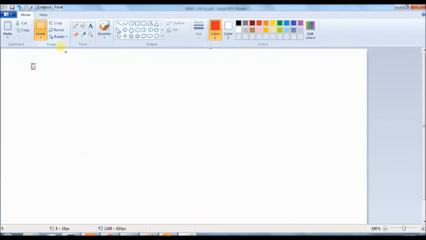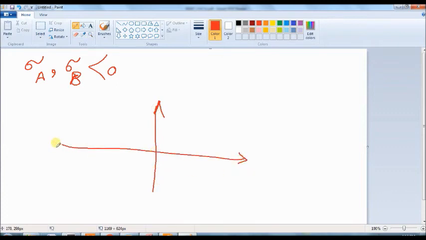We have sigma A and sigma B, both of them negative, right?